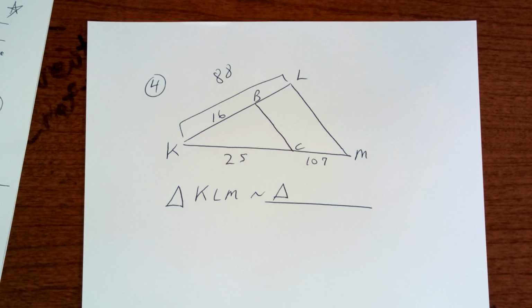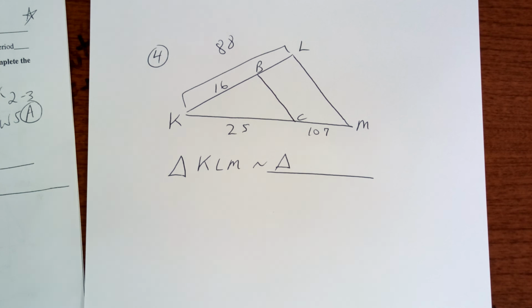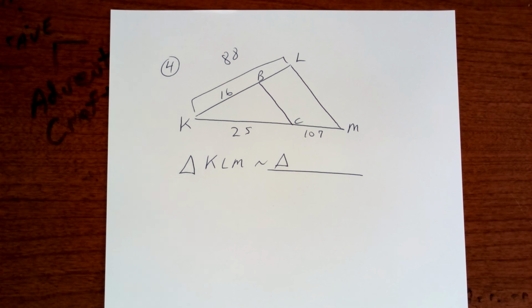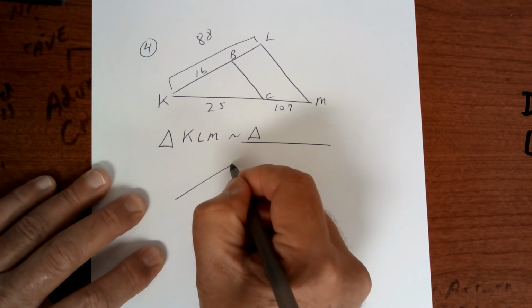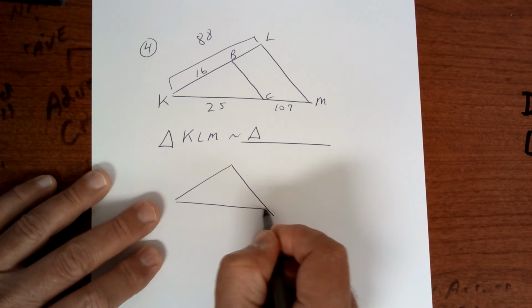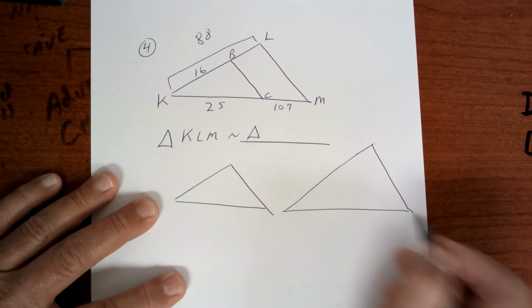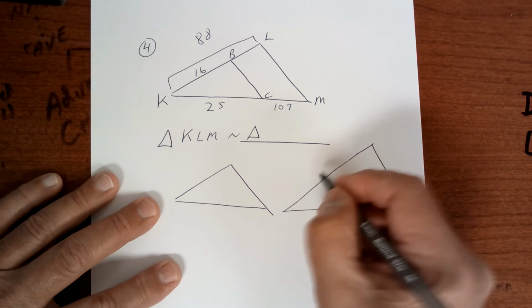All right, so the first thing you need to do is separate the triangles. Let me make this a little bit smaller so I have more work area. Okay? So if you look, you have a triangle that looks like this, a little one, and then you have a great big triangle that looks like this. So you want to separate the two triangles. This whole thing right here, the big one is 88.